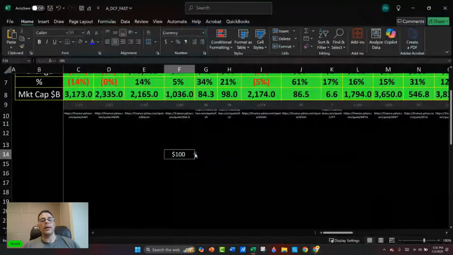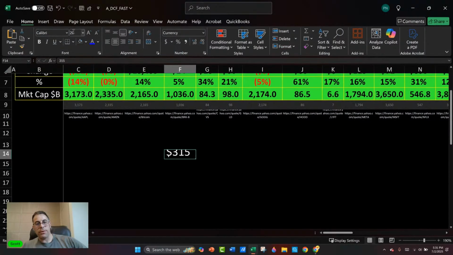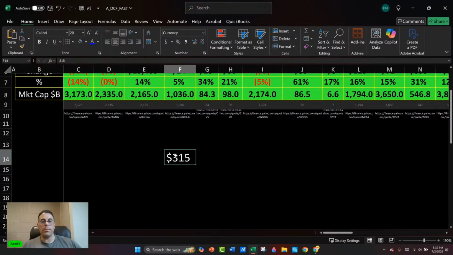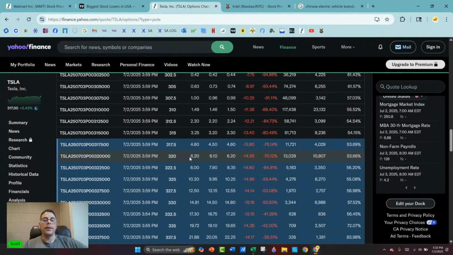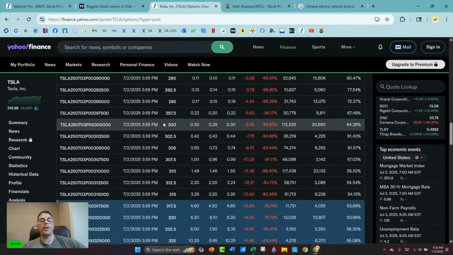Obviously it's 315. When the market's open, you could just put a market order and buy it for 315. You wouldn't pay more than 315. Nobody would pay more than 315. It doesn't make sense. You'd want to buy it for less than 315. So maybe you sell a put option at 300.